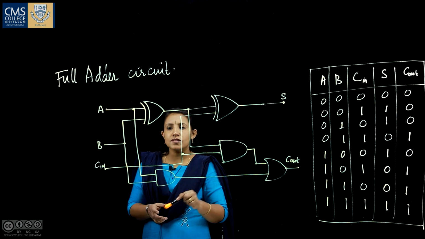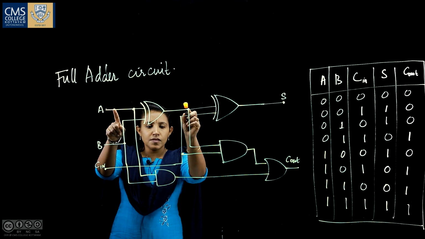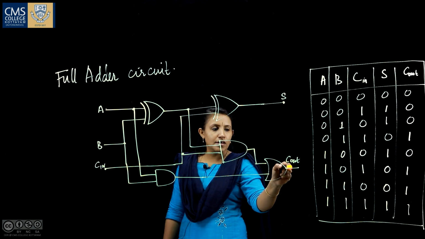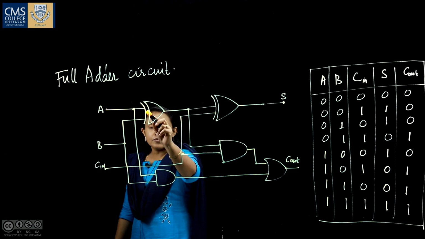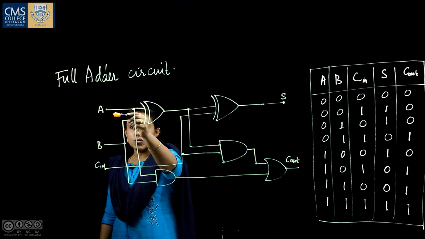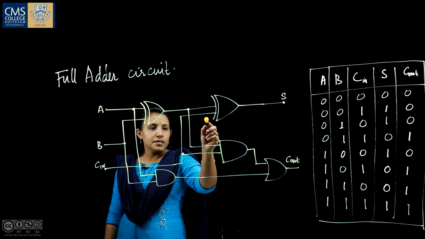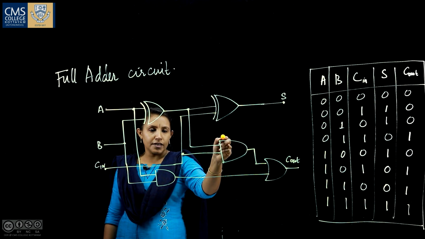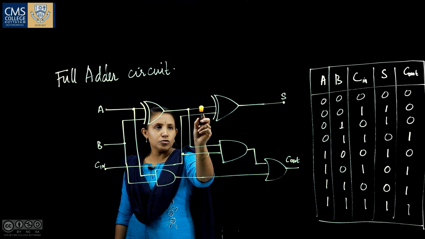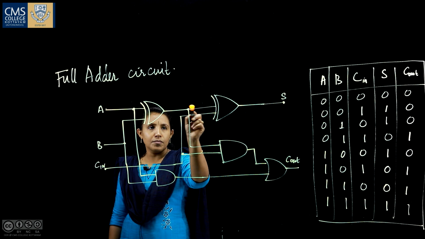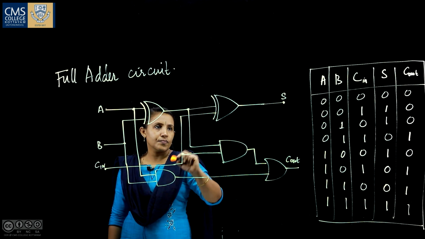So, if you look into this figure, this is a half adder, this is another half adder, and there is an OR gate. The first half adder adds the two inputs A and B to give a partial sum over here, and the input to the second half adder is the partial sum of A and B and C in.